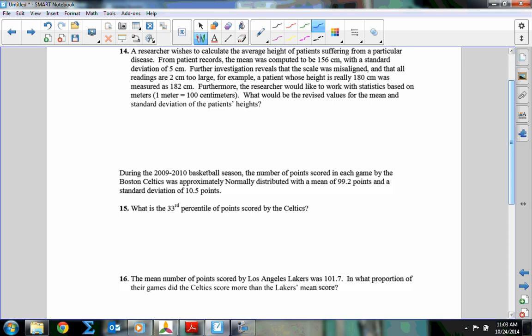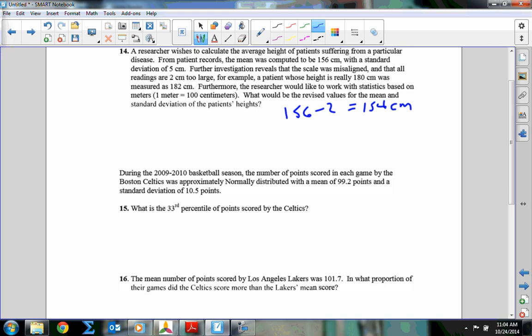So if you subtract 2 from every single value, then that's going to affect the mean by exactly that. So I would do 156 minus 2 would be 154 centimeters.